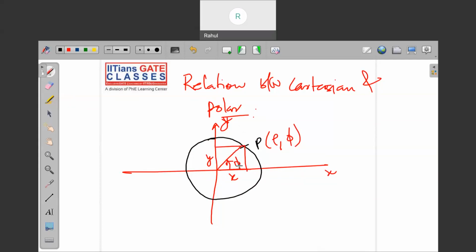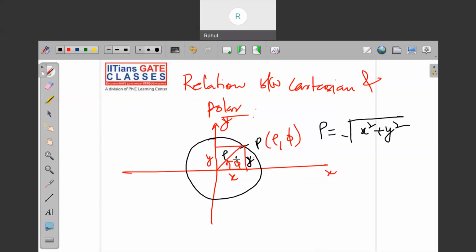Now you can find what rho is going to be. Rho is this, right? The relation we are getting here is from Pythagoras, so rho is going to be under root x square plus y square.